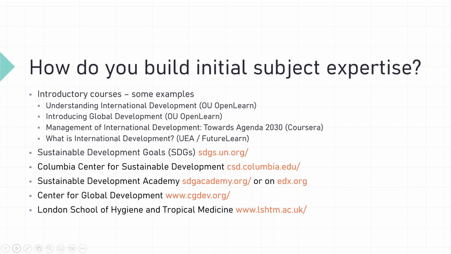The University of Sussex has something. Again, there are lots and lots of things. So if you want to go down that route, there are lots and lots of ways of doing it, going into this at whichever level you choose to.